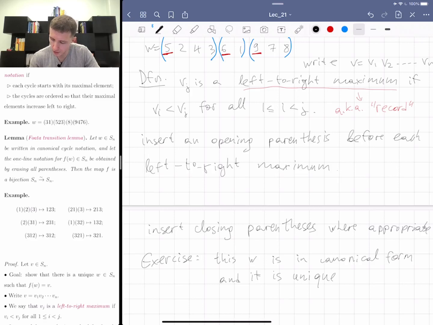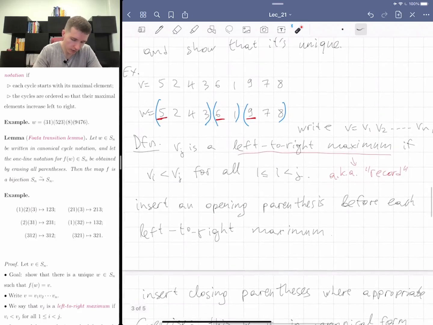No other choice of parentheses would produce a permutation in canonical cycle form. Next time I'm going to start by discussing several nice applications of this very weird bijection.